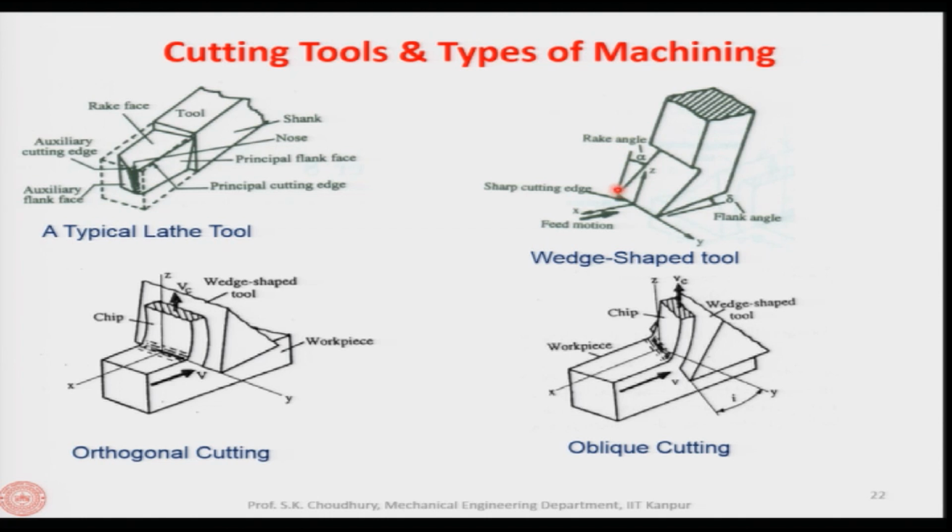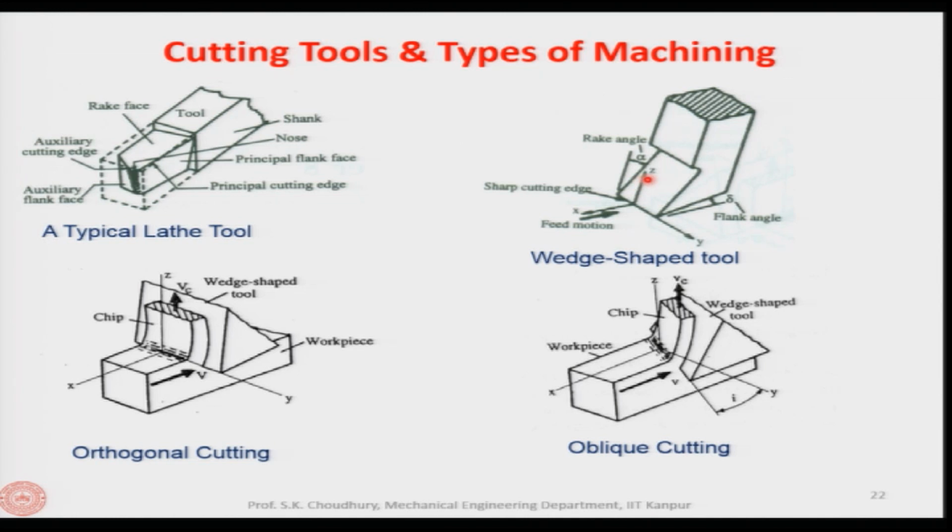Similarly, the flank angle is given by the flank face, and this is the already machined surface. The already machined surface makes an angle with the flank face, which is called the flank angle, and the rake face makes an angle with a line perpendicular to the cutting velocity vector, which is the rake angle. Okay, so these things we have discussed.